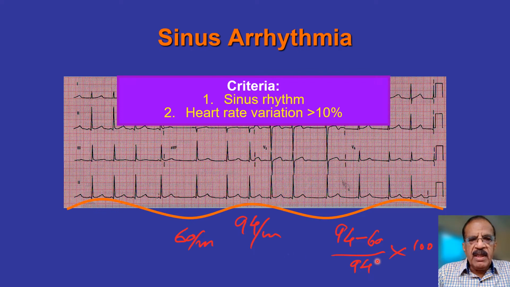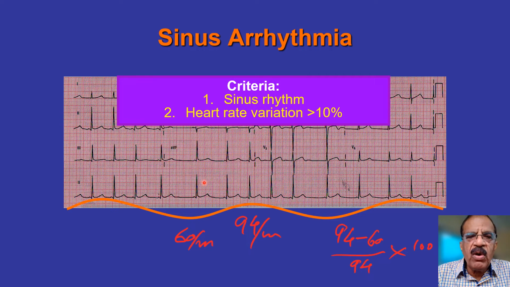I calculated heart rate here where there was bradycardic spell, and the heart rate here was 60 because the number of small squares between two RR was 25. And if you can confirm it, 1, 2, 3, 4.